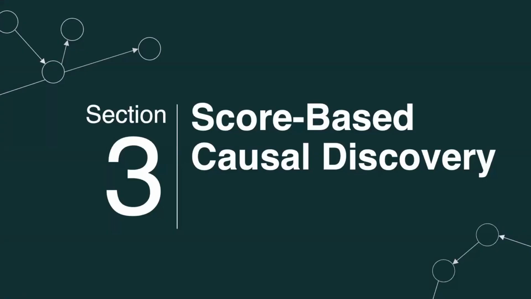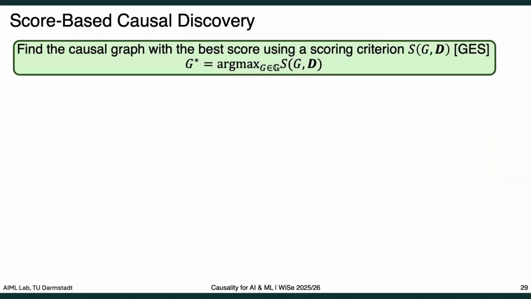And here I'll immediately start with the general definition. The idea is that we try to identify the graph that maximizes a particular score. So we have a scoring criterion, we apply this on a graph and the data set, and then find the best graph according to that score.